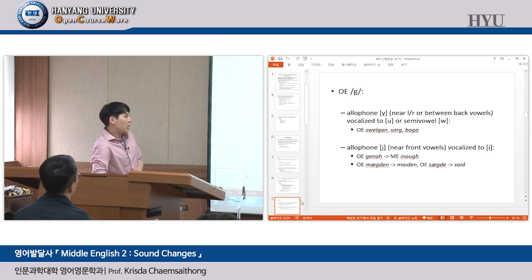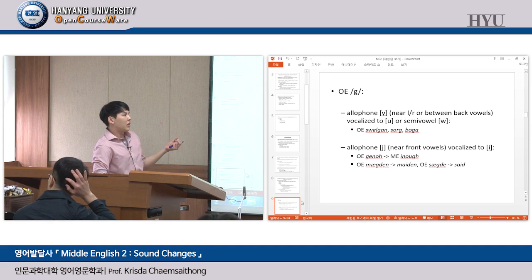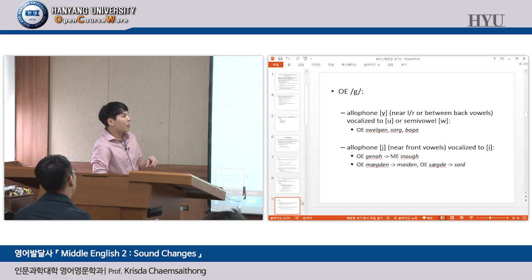And then the G in front of a word or in front of a front vowel, in Old English, it was palatalized, remember? Now vocalized to E or spelled with a Y or I. So this is what you know already, right?